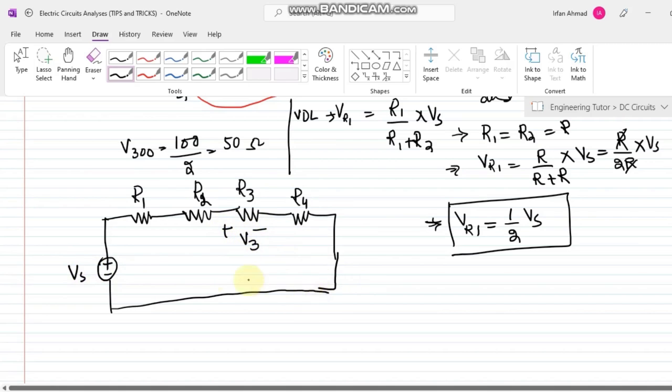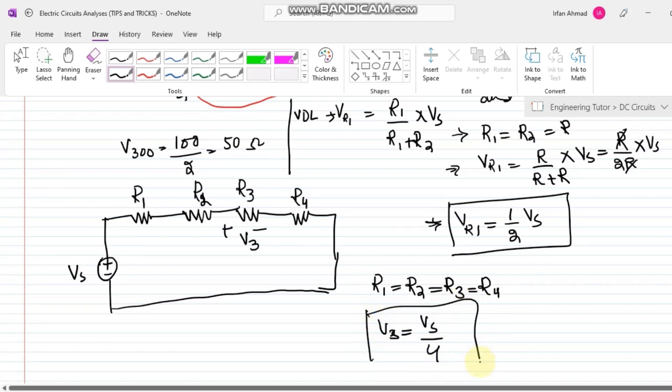As the values of R1, R2, R3 and R4 are equal, the value of V3 will be equal to Vs divided by the total number of resistors which are the same, so this is 4. So the same voltage will be developed across each one of them. And similarly, if we have n resistors which are similar, V of n will be equal to Vs divided by n.